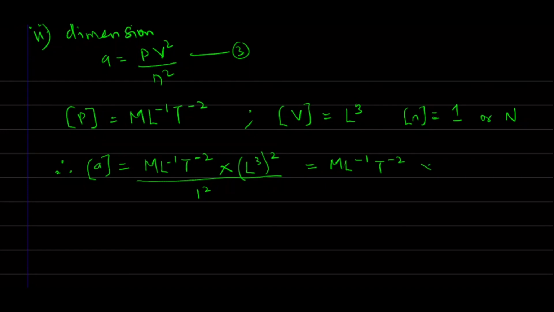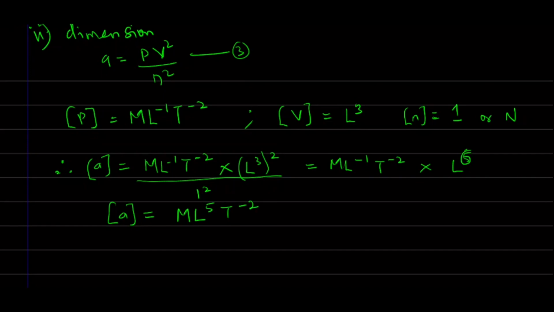If we open the brackets, we are going to be having L raised power 5. So the dimension of A, which is a dimensional constant, is going to be equal to ML, we solve for the power: minus 1 plus 6, rather, this is 6, minus 1 plus 6 will give us 5. Then we are left with T raised power minus 2. This is the dimension of A.